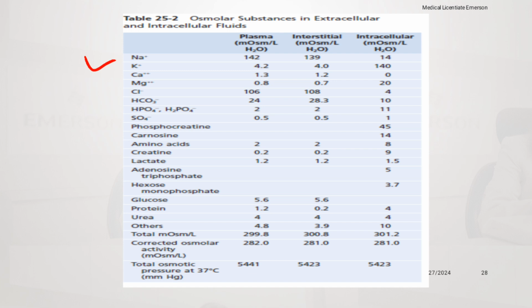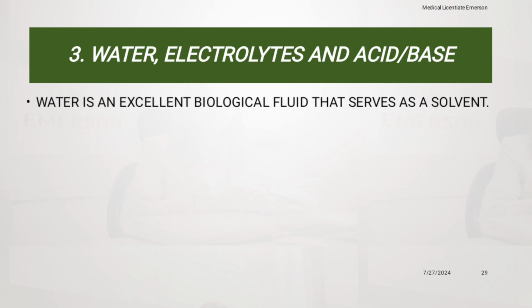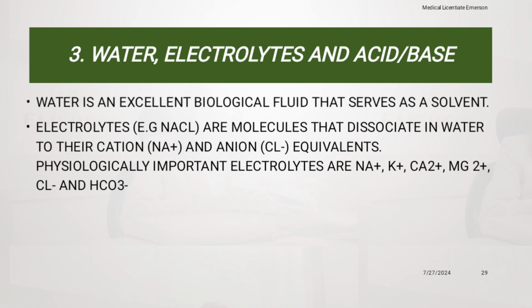So we can now move on to water, electrolytes, and acid base. This is another set of information which you need to take into consideration. You all know that water is an excellent biological fluid that serves as a solvent. Electrolytes, such as sodium chloride, are molecules that dissociate in water into their cation, which is sodium plus, and an anion, which is chloride, and that's the negative.